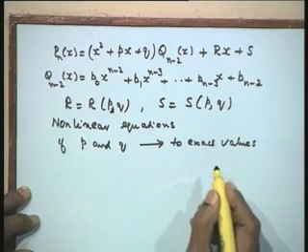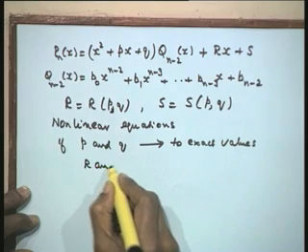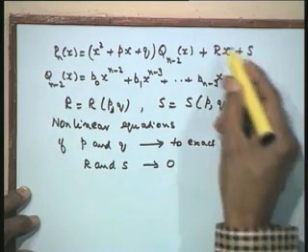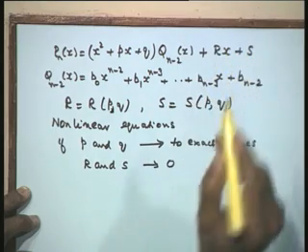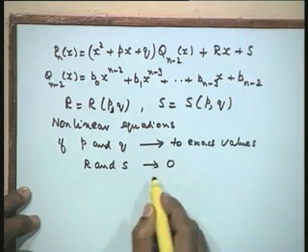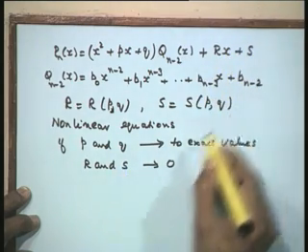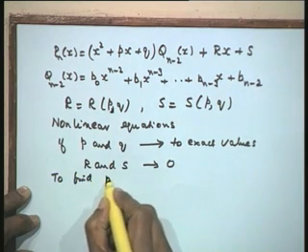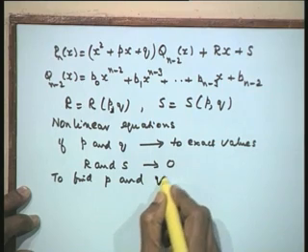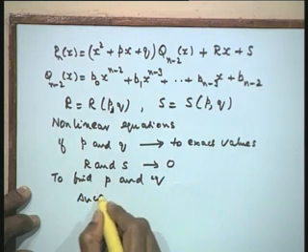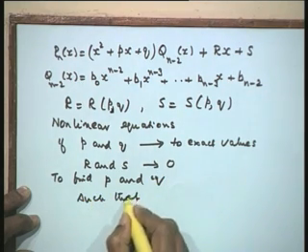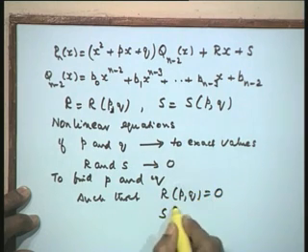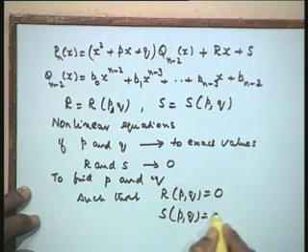If p and q tend to exact values, r and s tend to 0, because the remainder should be equal to 0. In other words, the problem is to find p and q such that r of p q is equal to 0, s of p q is equal to 0.